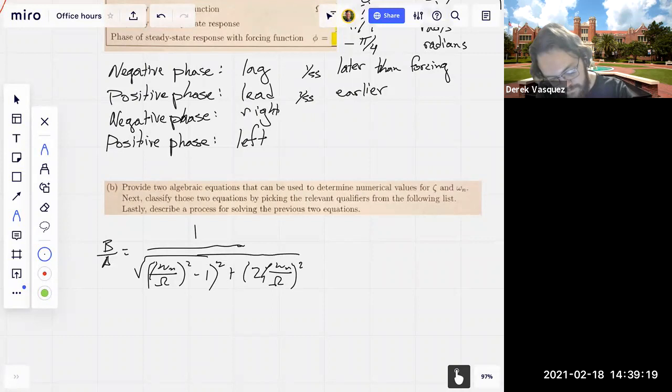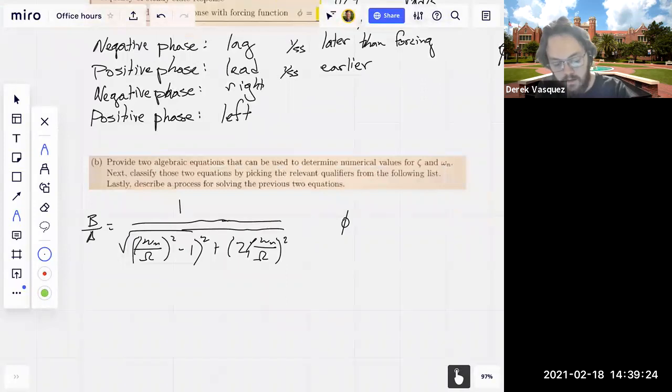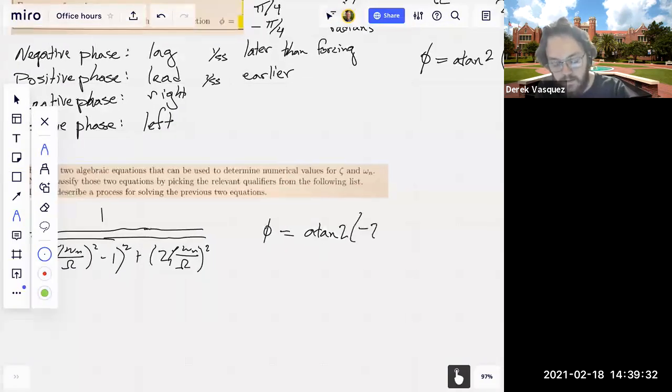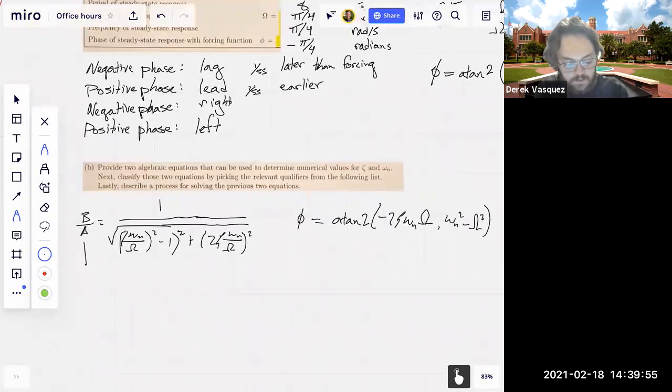This whole thing is under the square root. And then our phase is going to be equal to atan2 of negative 2 zeta omega n over omega n squared minus omega squared. So sorry about the confusion there. So we actually can't know zeta until we can solve both of these equations. So you need to know your amplitude ratio and your phase.